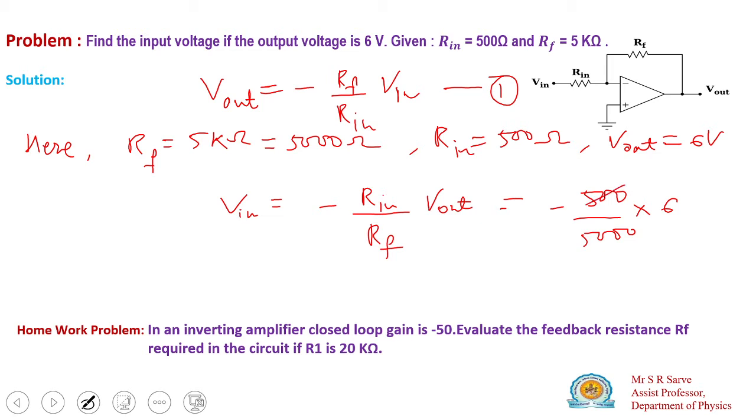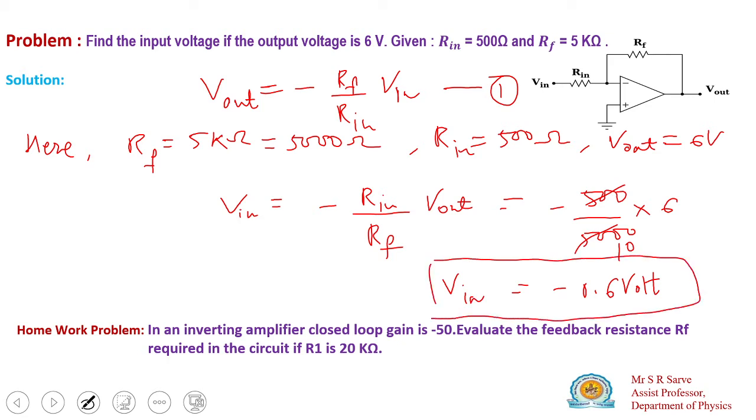Okay, so this will be equal to 1 by 10. So this is 6 divided by 10, which is equal to minus 0.6 volt. Okay, so the input voltage will be minus 0.6 volt.